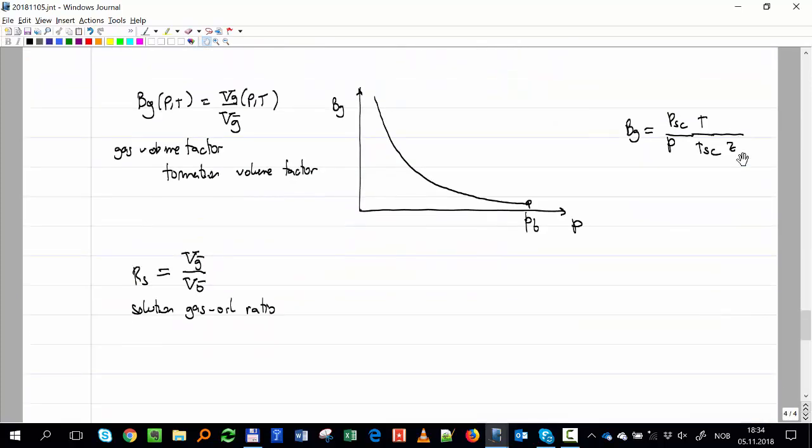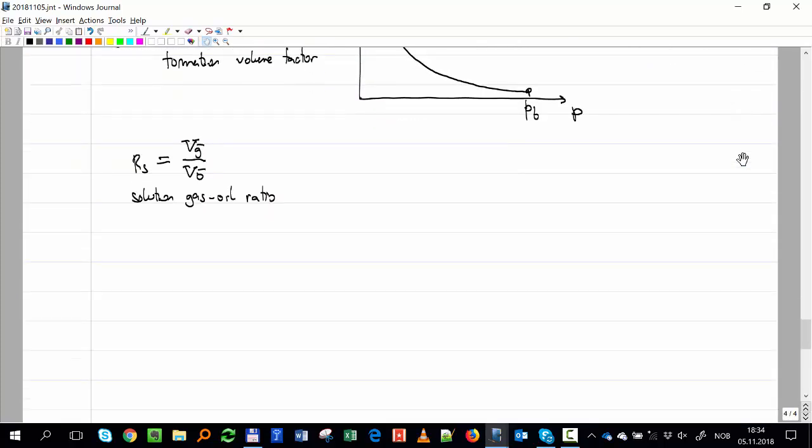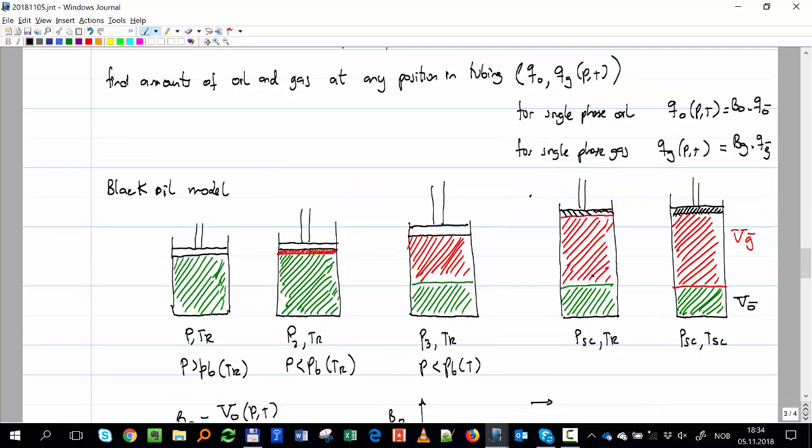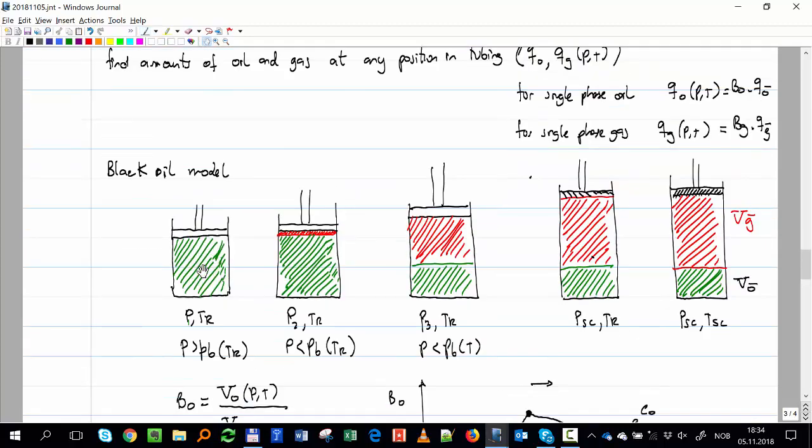Okay, RS. So let's say I take this oil and I put it at any pressure above the bubble point pressure, at any pressure higher.